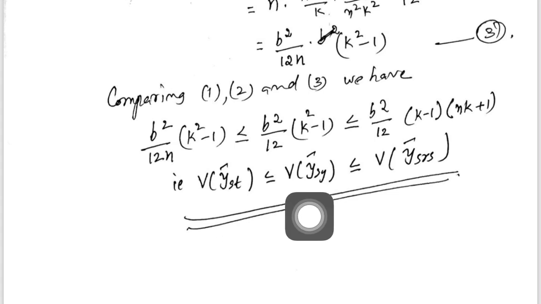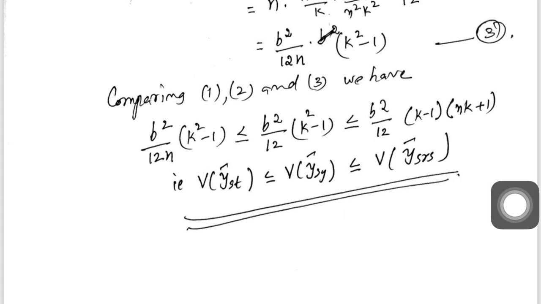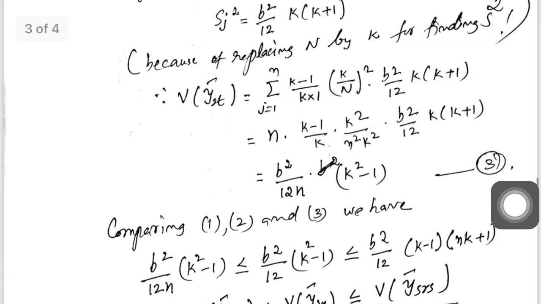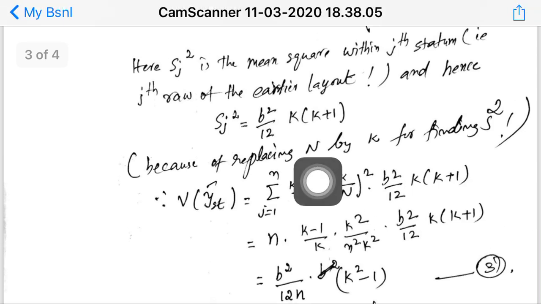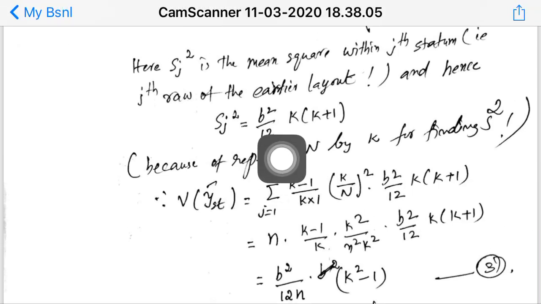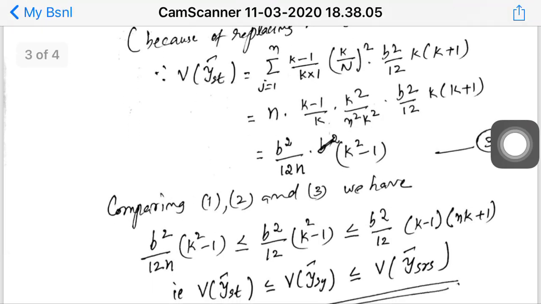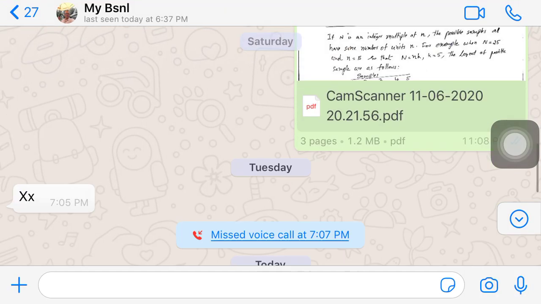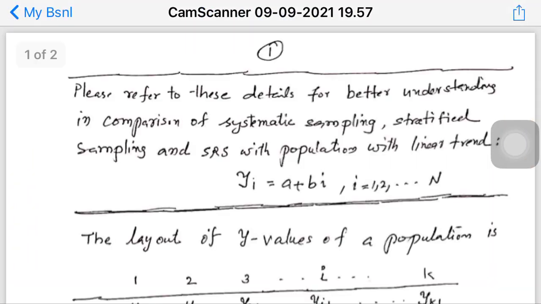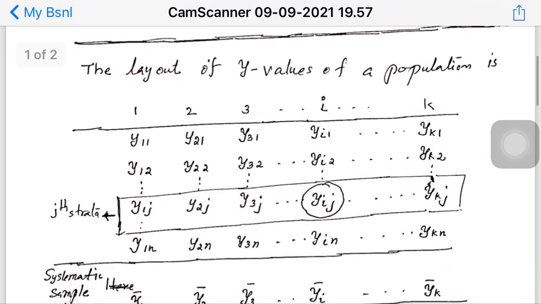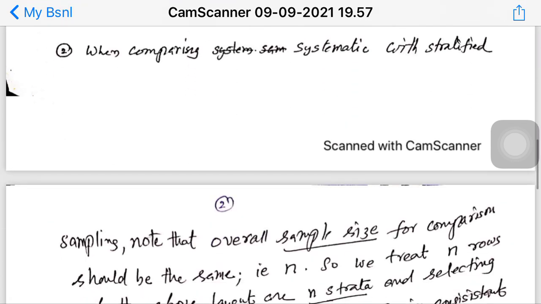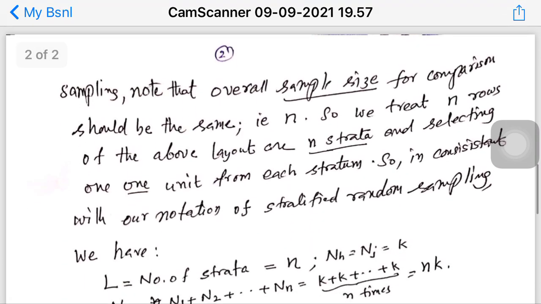Okay, again I have just mentioned how this Sj square can be computed as b square divided by 12 into k plus 1. Now for that purpose we again go for the annexure. Refer to this annexure once more. You will see how this Sj square is computed.